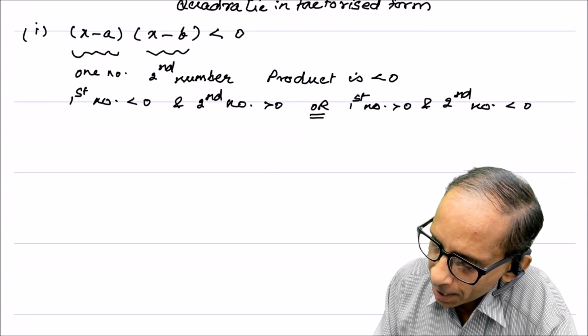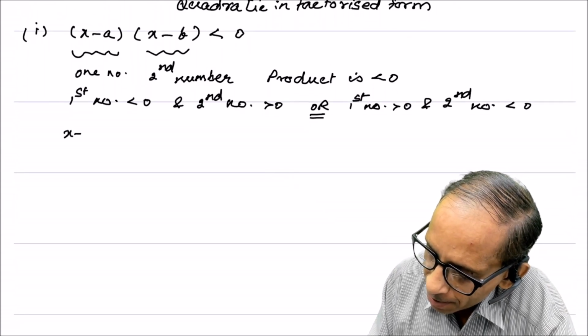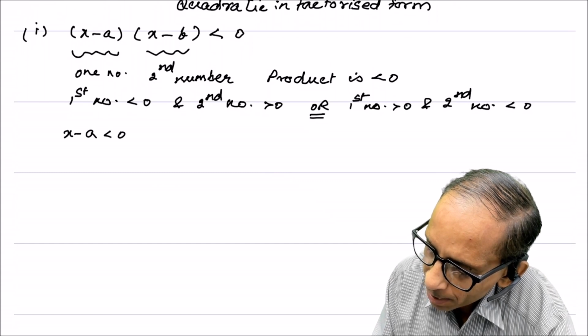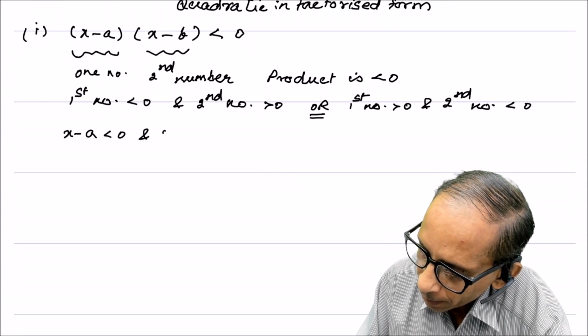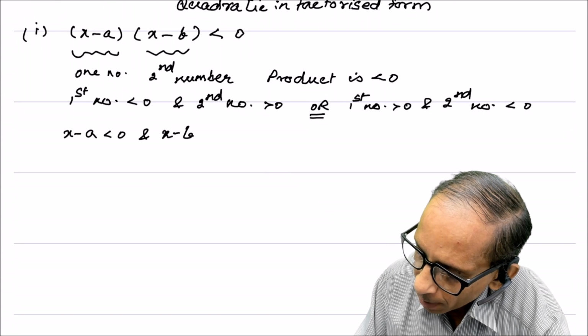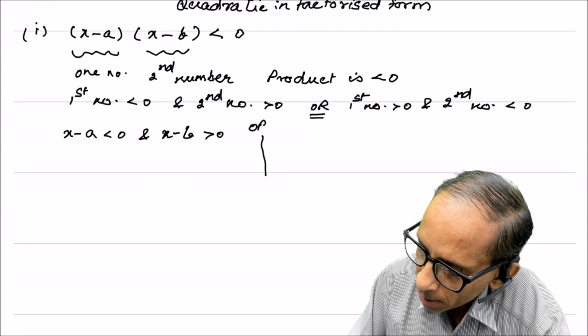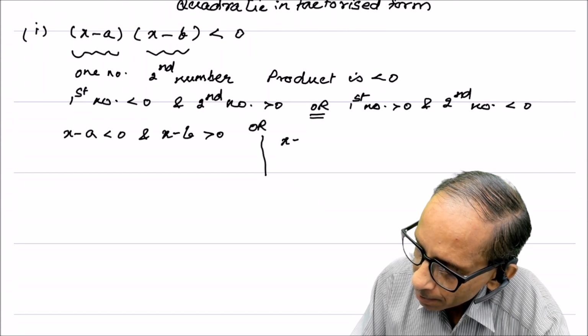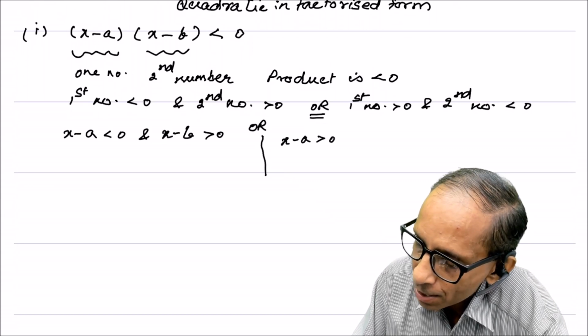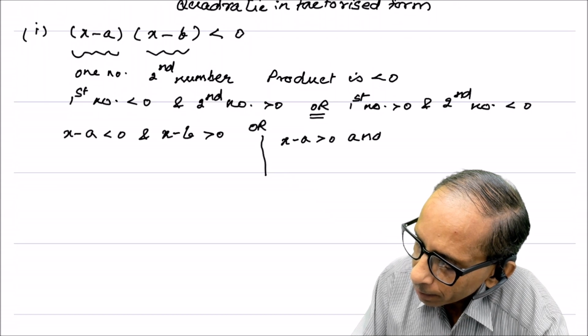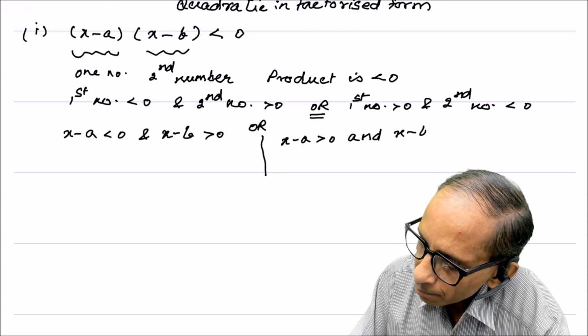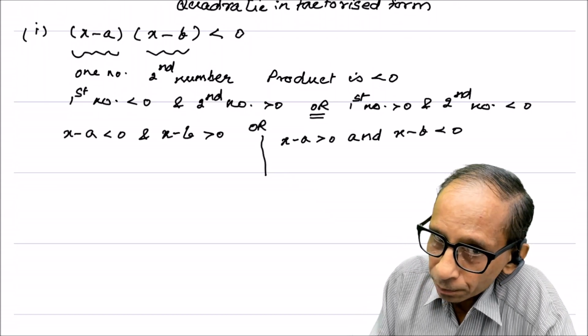So what we see is x minus a should be less than 0 and x minus b should be greater than 0, or else x minus a should be greater than 0 and x minus b should be less than 0.